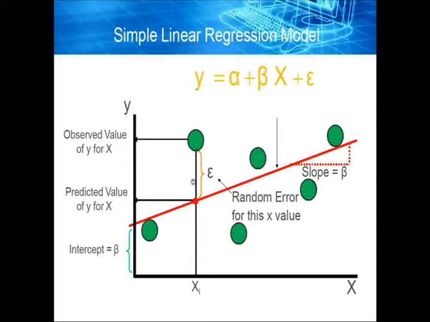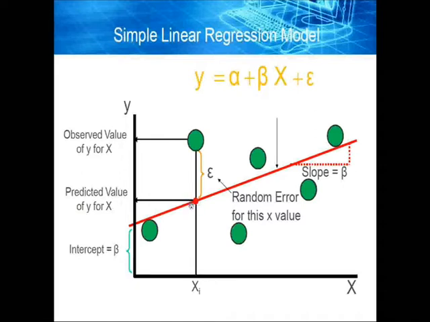We can consider here the regression line, this red line. Some data points are above the regression line, some are below it, some are near it, some are away from it, and so on. All predicted points are located on this regression line, just like this red point.